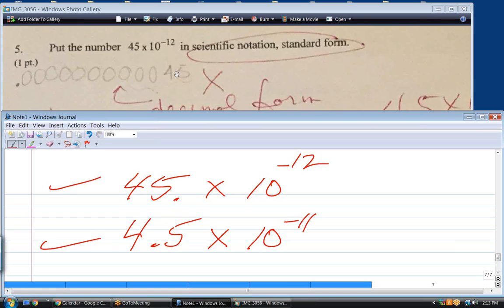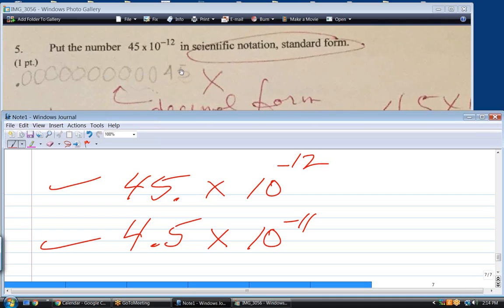And I noticed you wrote the number out here, and that's all fine and good, but notice that if I knew that was the number, I'm going to have to move the decimal point 1, 2, 3, 4, 5, 6, 7, 8, 9, 10, 11. So when I'm moving the decimal point to the right, I have to subtract from the exponent.